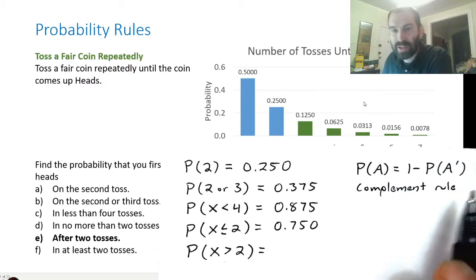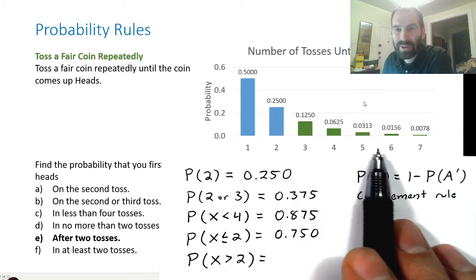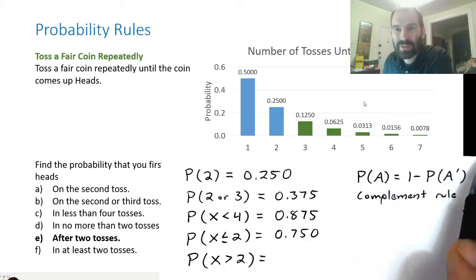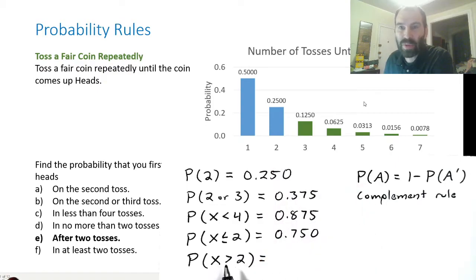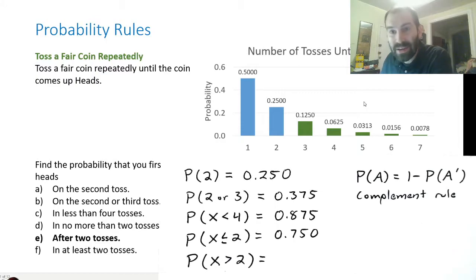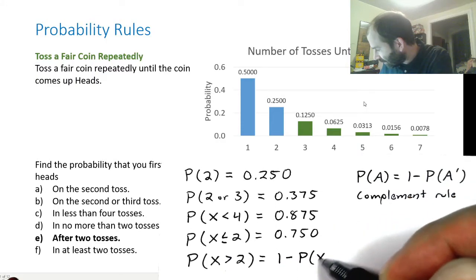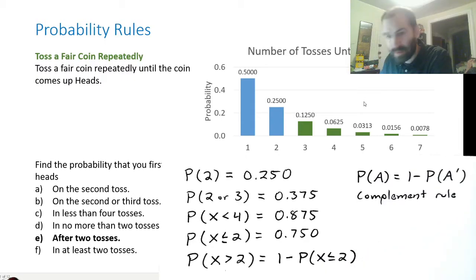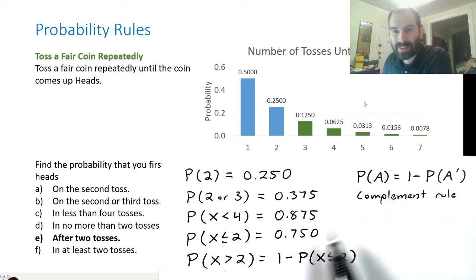Here's a case where it's extremely handy, because I can't add up an infinite number of numbers, but what I can do is compute the complement. What's the opposite of greater than 2? It's less than or equal to 2. So this is equal to 1 minus the probability that x is less than or equal to 2, from the complement rule. This is the opposite of that.